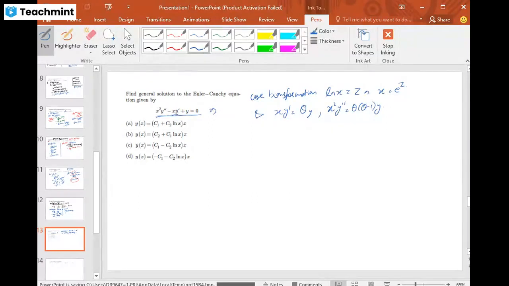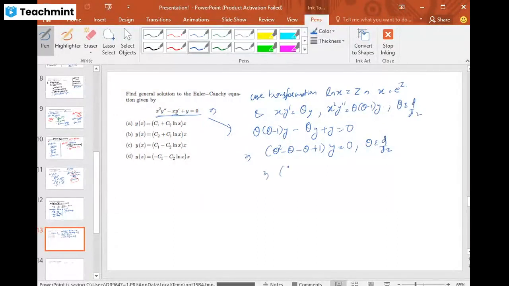Now if we use this transformation, then x square y double dash becomes theta into theta minus 1, x into y dash is theta y, plus y equal to 0. So this is theta square minus theta plus 1 into y equal to 0. But what is theta? Theta is d by dz. This is the important thing.